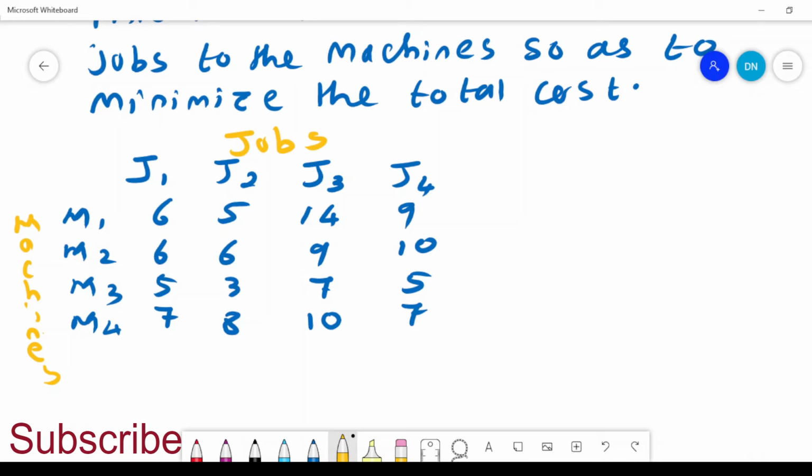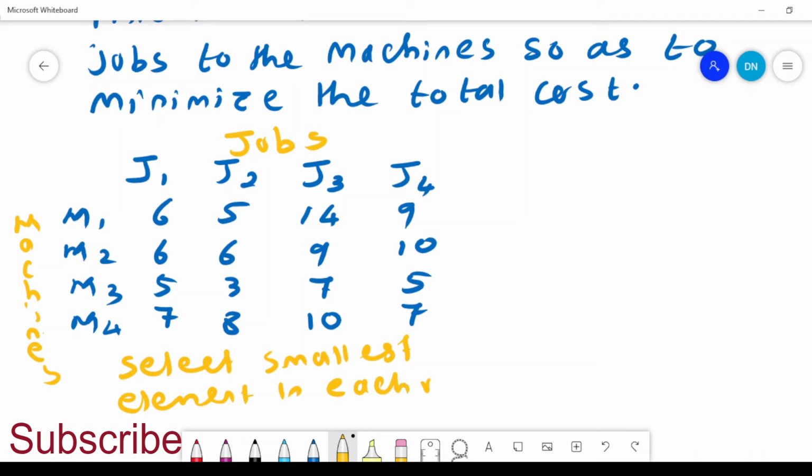So we pick the lowest element, or the smallest element, in each row. So select the smallest element in each row. And then we subtract that smallest element from each one of them, that is J2, J3, and J4.